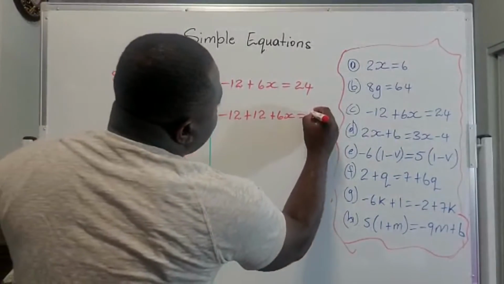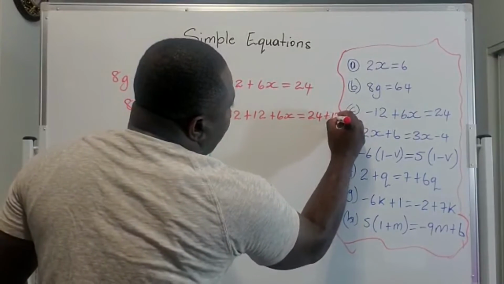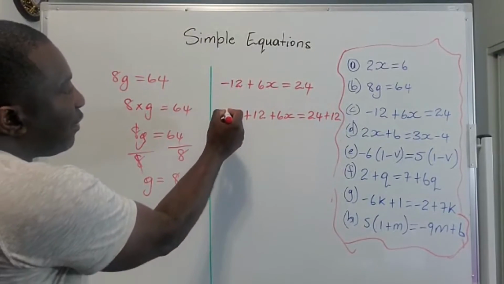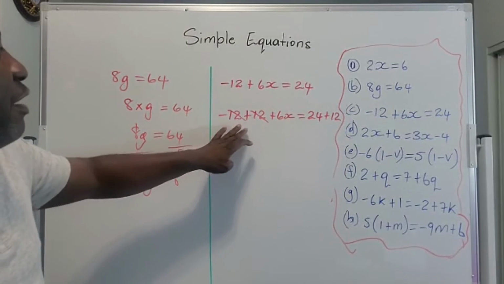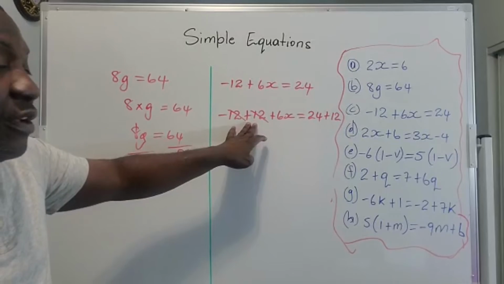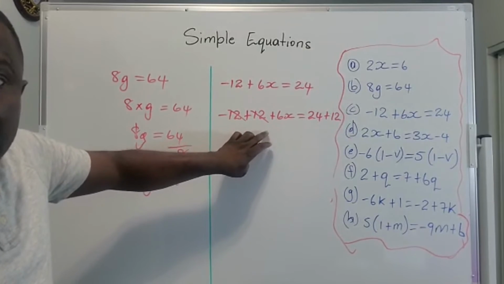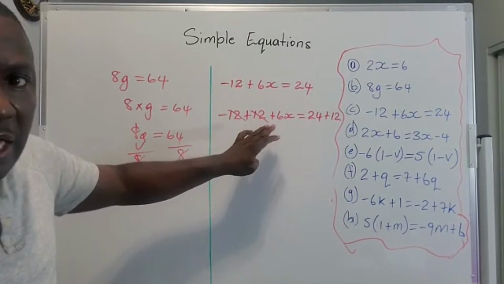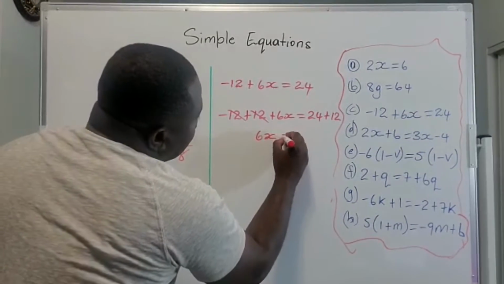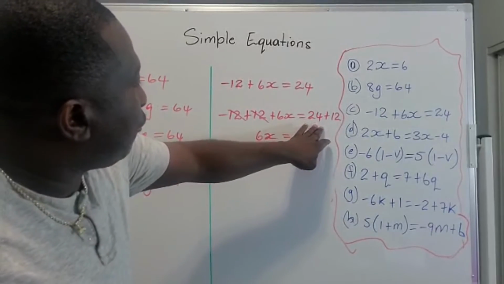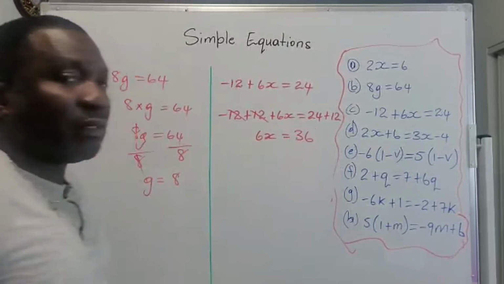Therefore, the same thing must be done on this side. 24 plus 12. Guys, this will cancel here. Negative 12 and positive 12 will do subtraction. The outcome here is 0. Hence, we are left on this side with 6x is equal to 24 plus 12 is equal to 36.